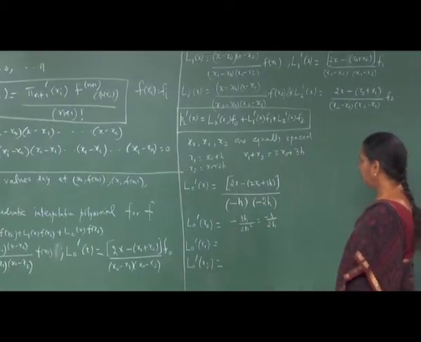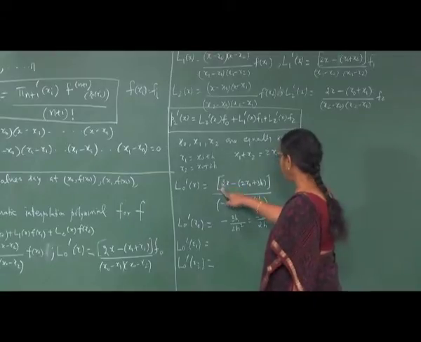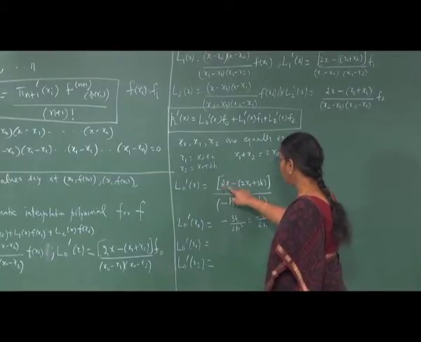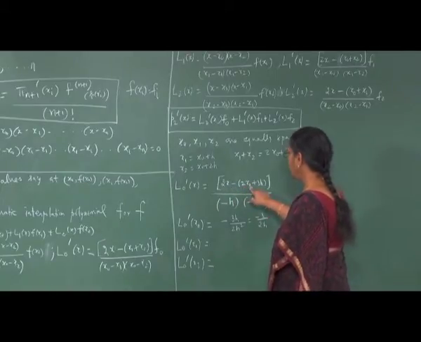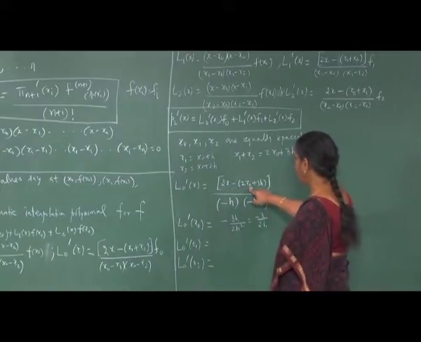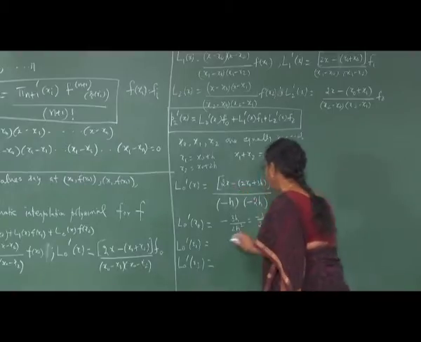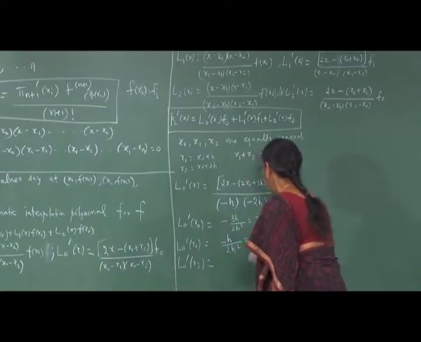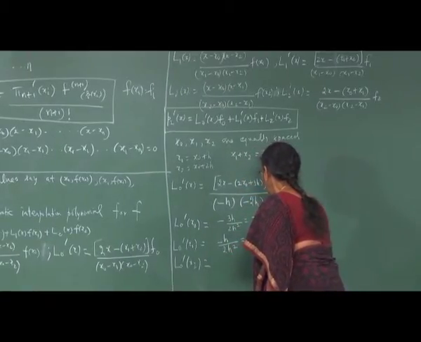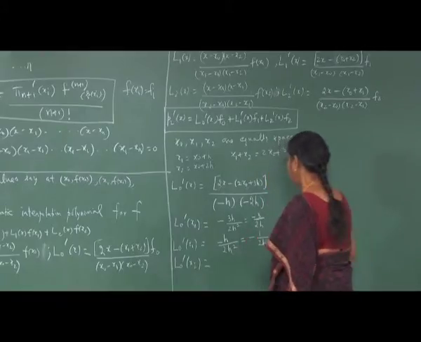Let us work out L0 dashed at x1. So, this will be 2x1. So, 2x1 minus 2x0 will give you 2 times h minus 3h. So, this will give you minus h divided by 2h square and therefore, this will give you minus 1 by 2h.